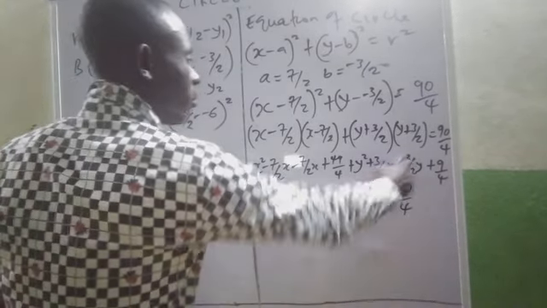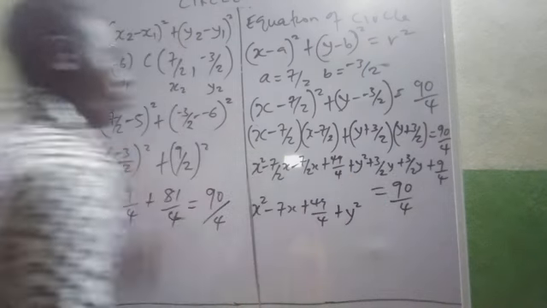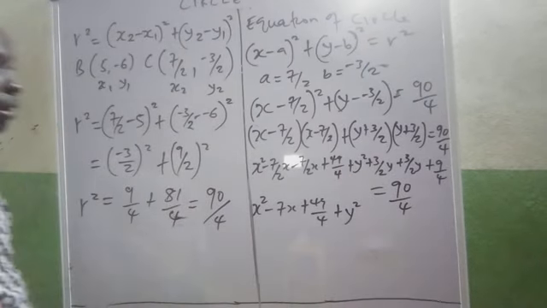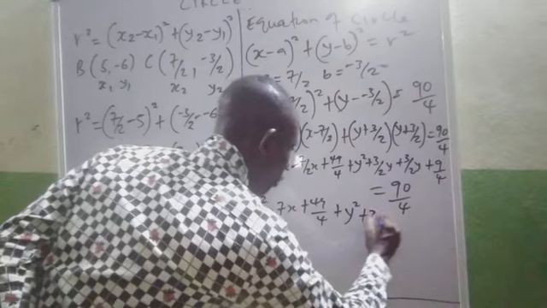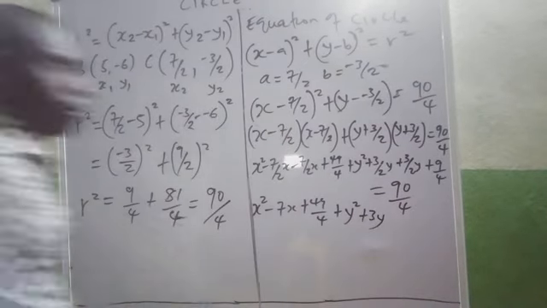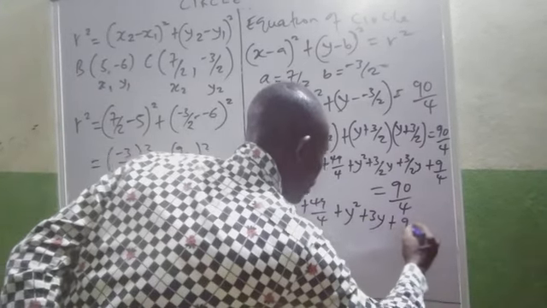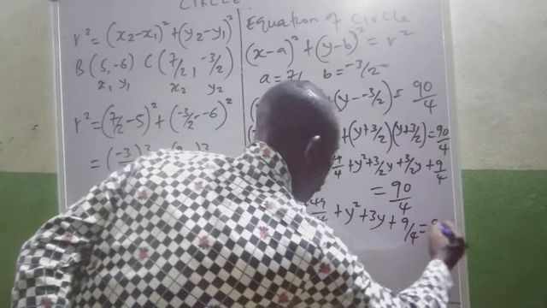This plus this, 3 over 2 plus 3 over 2, is 3y, plus 3y, plus 9 over 4 is 90 over 4.